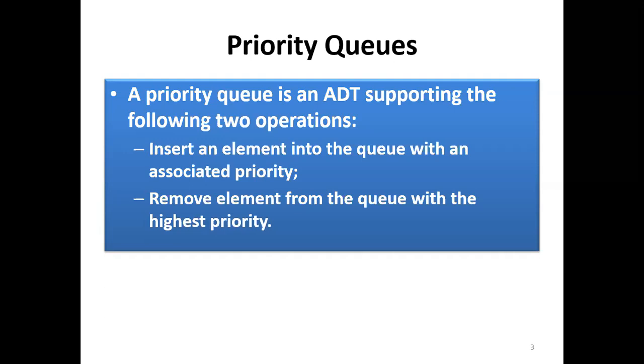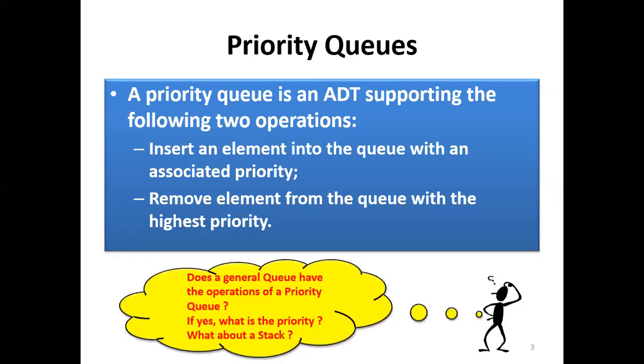And for any element to be deleted from the queue, the element that must be deleted must have the highest priority. Now, what is the difference between the priority queue and the regular queue or the stack data structure? It's similar to both of them, but the main difference is that in a priority queue, each element is associated with a certain priority.